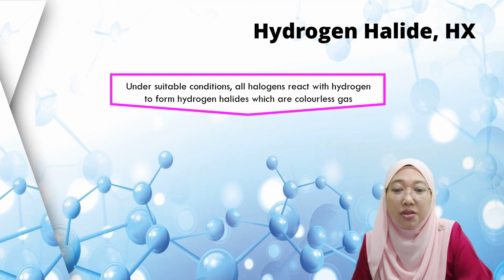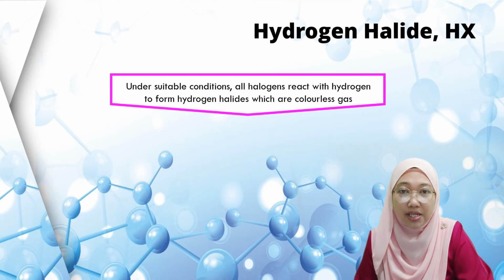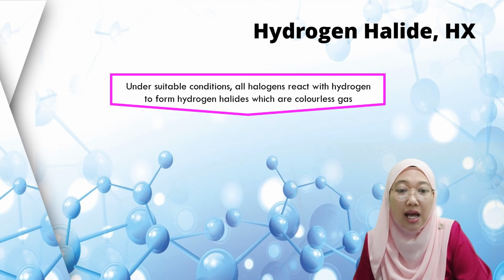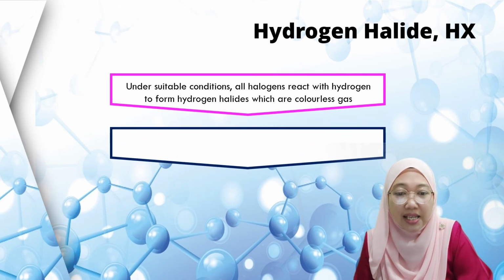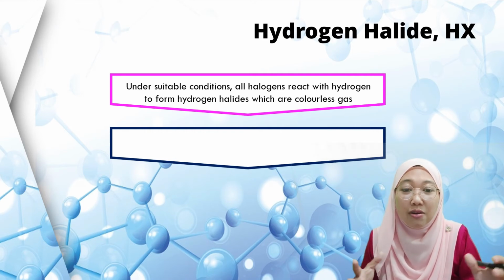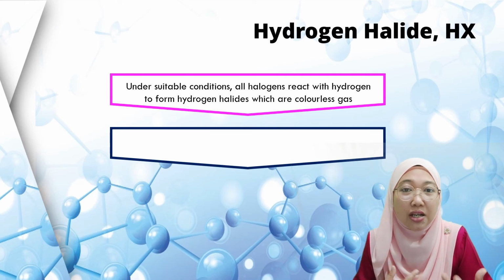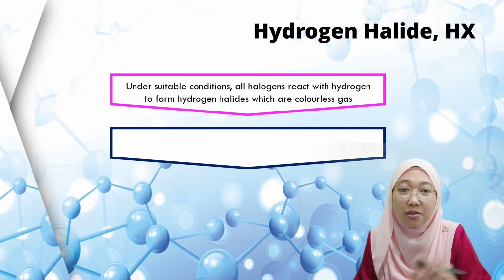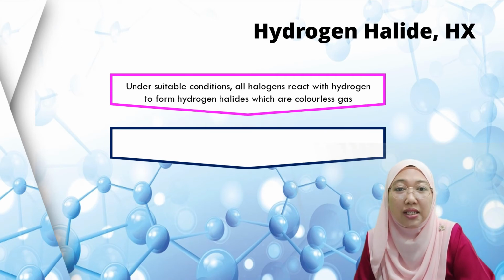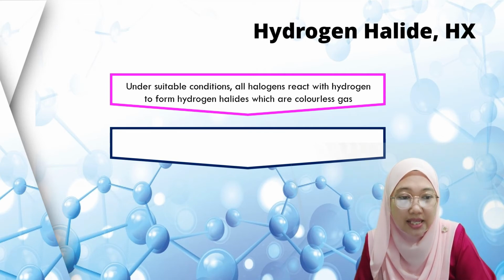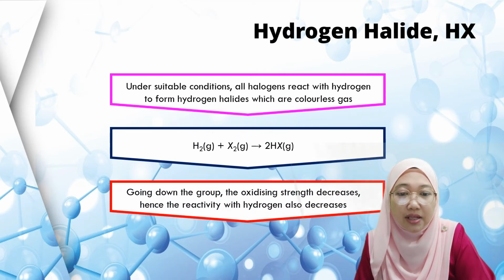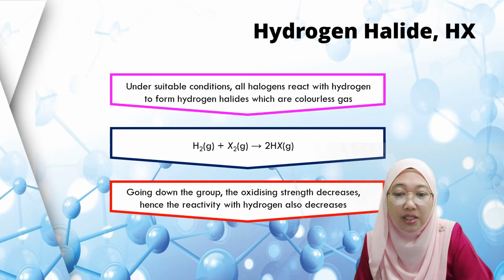Under suitable conditions, all halogens react with hydrogen to form hydrogen halides, which are colorless gas. Compared to just now, halogens have color, but when they react with hydrogen gas to become hydrogen halide, it becomes colorless gas. Okay, this is the chemical equation.